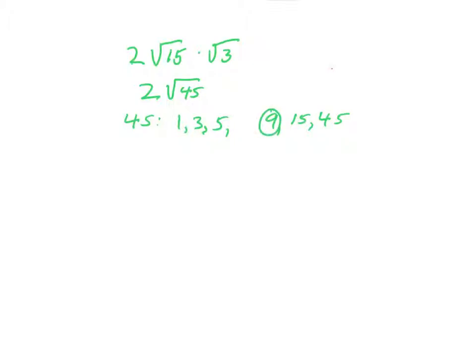So I'm going to stop there and use the 9. So we can split it like this. We'll do 2 times the square root of 9 times the square root of 5. And then square root of 9 is 3. So it's 2 times 3 times square root of 5. And 2 times 3 is 6. So we get 6 times the square root of 5.